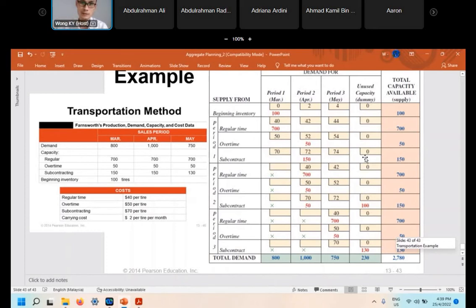Okay, how to calculate the total cost of this aggregate production planning? Okay, I think it's very easy. The total cost, we want to calculate the total cost is equals to 100 units times 0. Okay, plus 70 times 40.